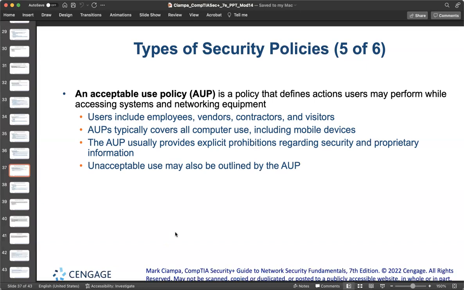You also want to make sure DLP, or data loss protection measures and applications, are on these devices. And also unacceptable use may be outlined in the acceptable use policy document, letting them know what is unacceptable and what they cannot actually do while they're using company property.